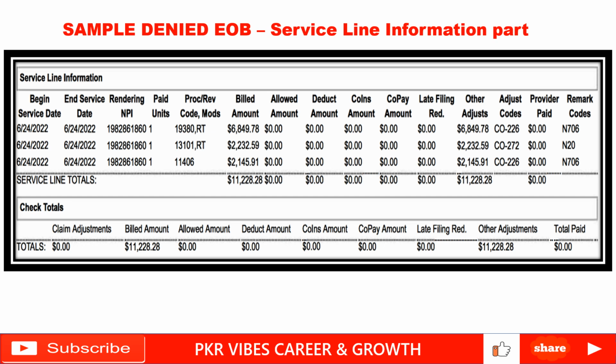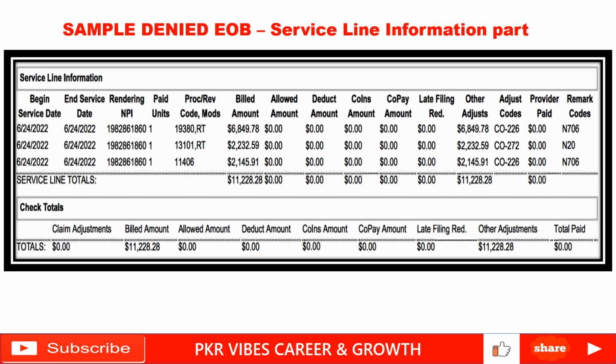And how much patient responsibility is there, nothing but deductible, co-insurance, co-pays. So the allowed amount and patient responsibility, and the remaining is the contractual adjustment, details you will also see. And if the claim is filed late, the late filing details, I mean the amount, you will also see.